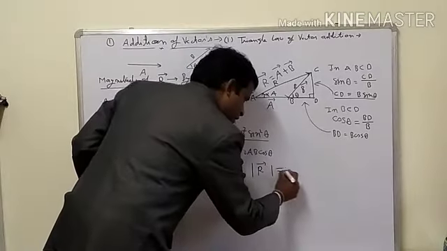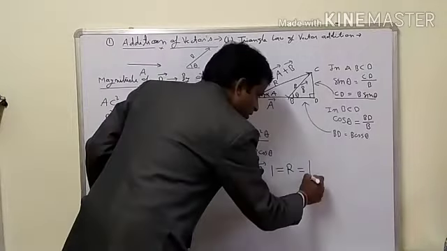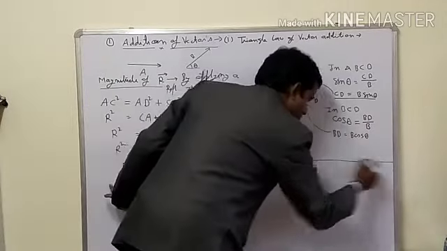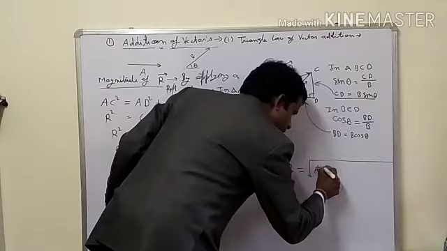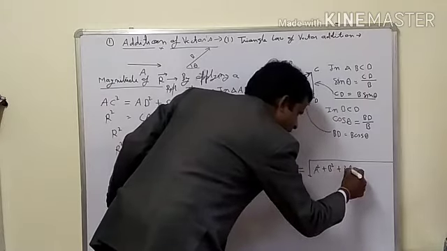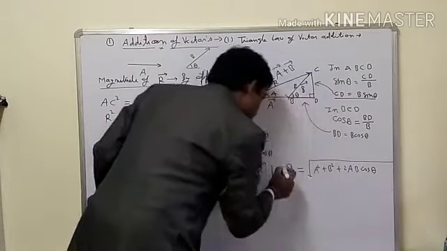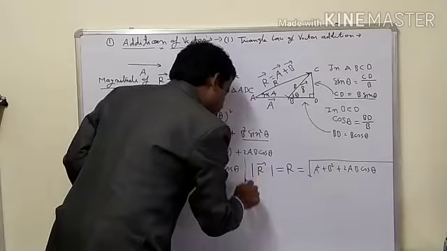Modulus of R vector means R, the magnitude of R, is equal to under root A square plus B square plus 2AB cos theta. So this is the important formula.